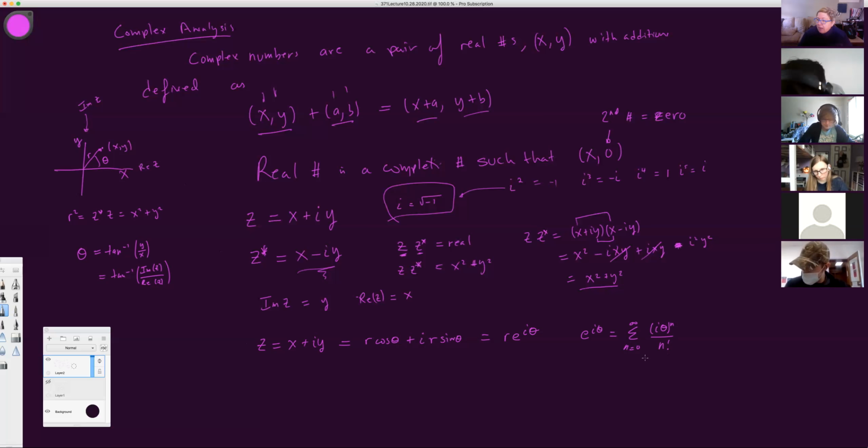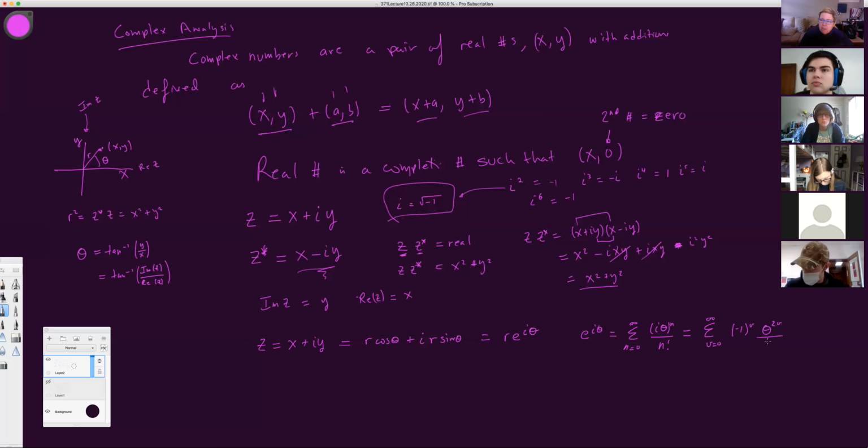And if you actually do a bit of work, and it is a bit of work, you can split this into those two types: the type that has just the ones, and the type that has the i's. I'm going to use a different index here. Looking over at my notes, we'd have the sum of negative 1 to the nu, and then theta to the 2 nu over 2 nu factorial.